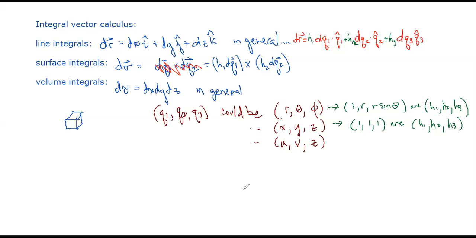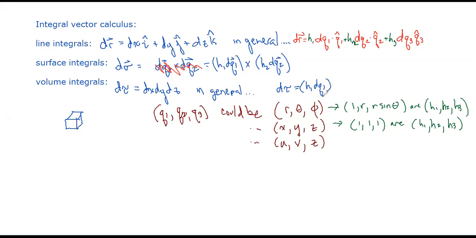What about in general? Like I have some arbitrary weird coordinate system that has coordinates q1, q2, q3, and associated scale factors h1, h2, h3. You could do a similar thing, but also include the product of all the scale factors. Yep. So I'll write it the kind of pedantic and goofy way once.